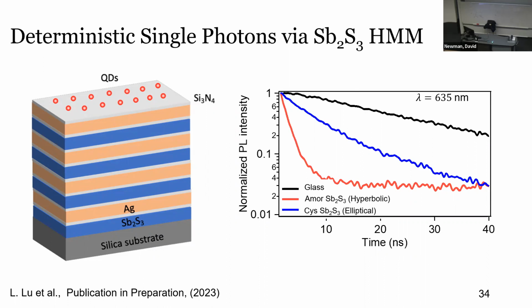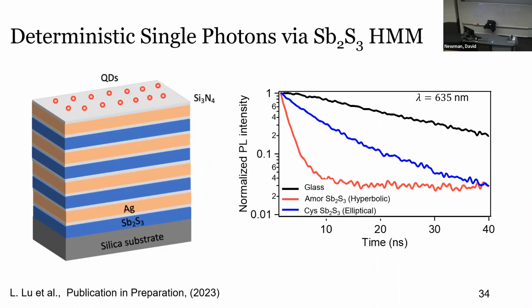But when the material has a hyperbolic dispersion relation, we can have very large k vectors and a range of k vectors, which means there are more routes for the fluorescent particle to fluoresce. There are more options, so it can fluoresce more easily and decay faster. So we get much faster decay rates.